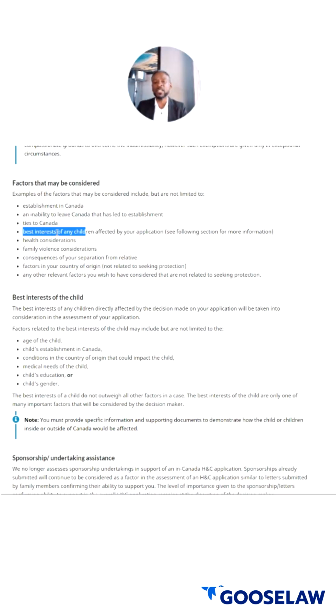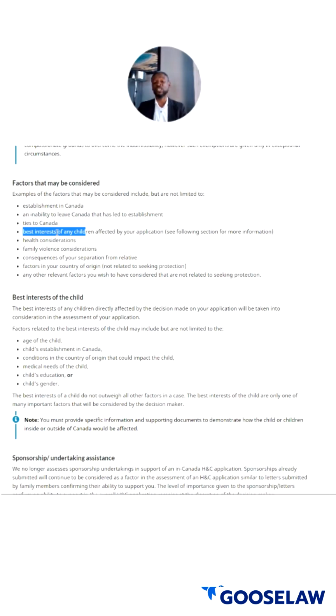So if that child has been here for a couple of years, for instance, they've become established in Canada, they've been going to school, they have friends, they're integrated into the school system, to then uproot that child and forcibly remove that child from Canada along with his or her parent would not normally be in the best interest of the child. And so that's the case that would be made in this instance.